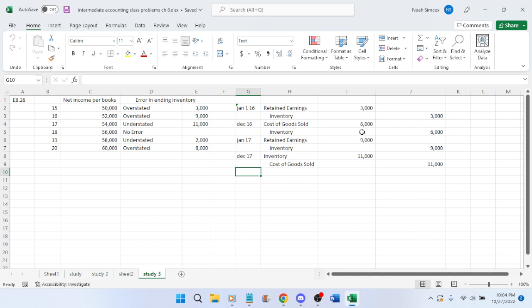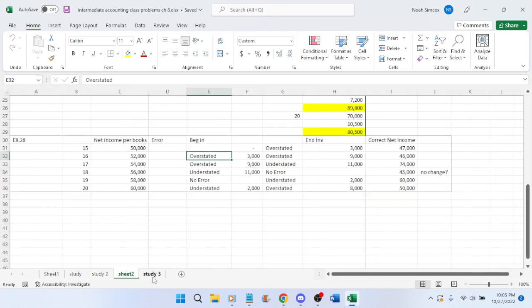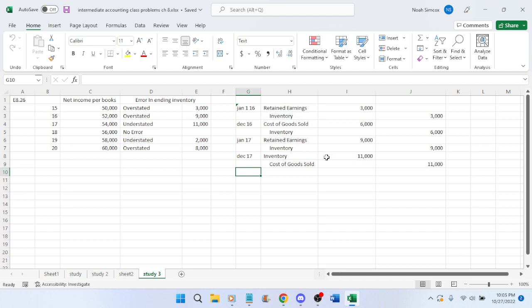I still don't get it. All I get is this part. I get this part, I don't get this part.